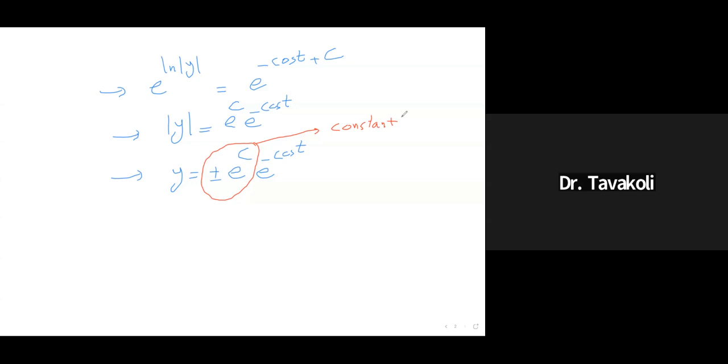I can label it as just c, standing for constant. So c times e to the power of minus cosine of t. I'll use the same letter. It's okay because that c just shows that there is a constant there. So the final answer is y equals c times e to the power of minus cosine t.